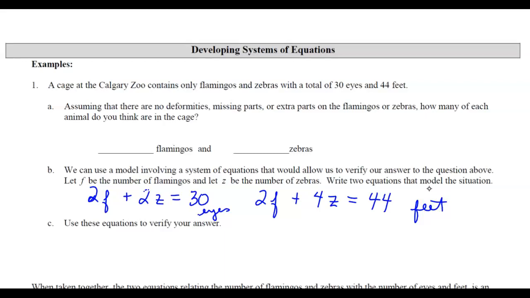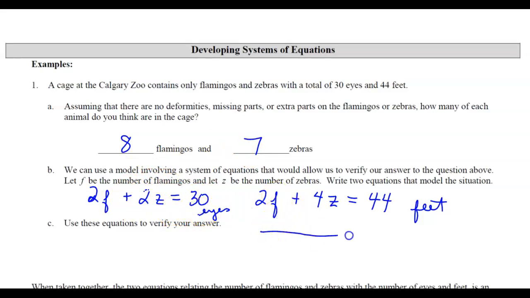So maybe if we looked back up here, we actually didn't do it. So if we were to look here, maybe we would think there are 15 and 15. Okay, now if we did that, we can tell, oh, sorry, not 15. Let's do 8 and 7. So let's say 8 and 7, then that would satisfy the eyes part.